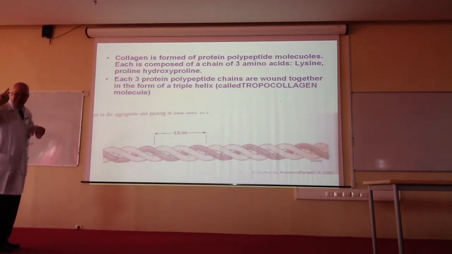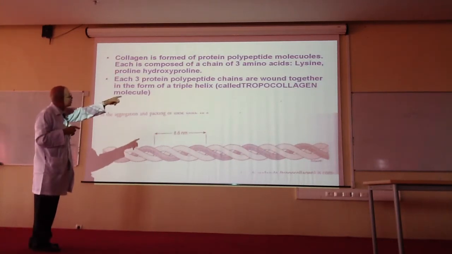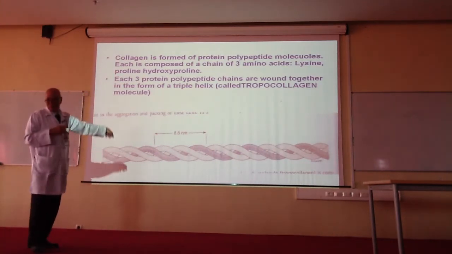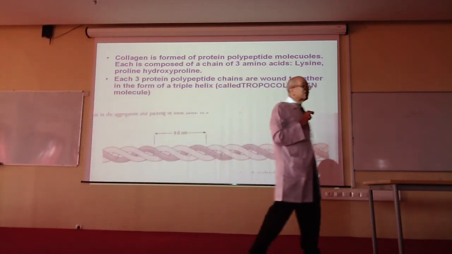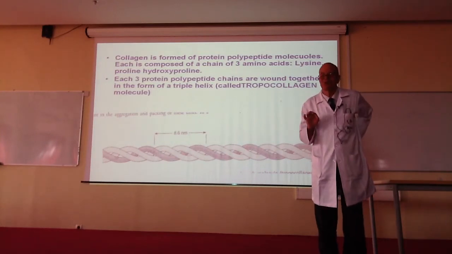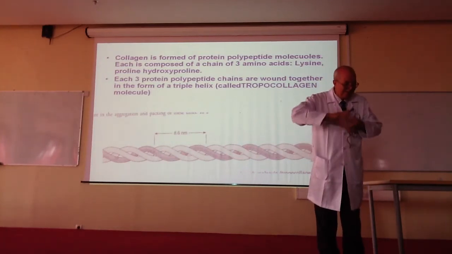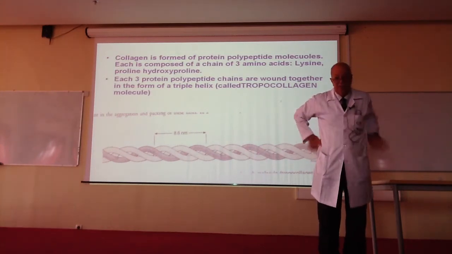Helix formed of 3 amino acid chains. This molecule is called tropocollagen molecule. So what is the smallest structure in the collagen fiber? Tropocollagen molecule. What is this molecule? A helix of 3 chains of amino acids twisted around each other.